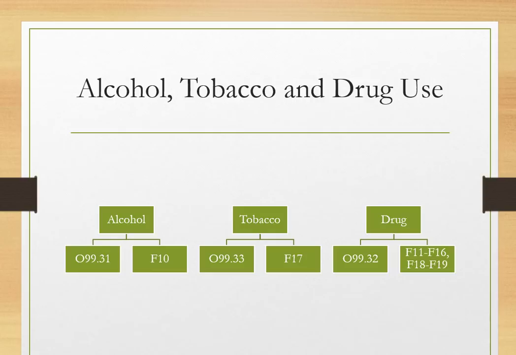In terms of sequencing, of course, pregnancy codes have sequencing priority, and if they are using alcohol or drugs or tobacco, you're going to sequence first the pregnancy code, and then you're going to have a secondary code for those related conditions. All right, and the codes are listed here for you. They're also in the guidelines.